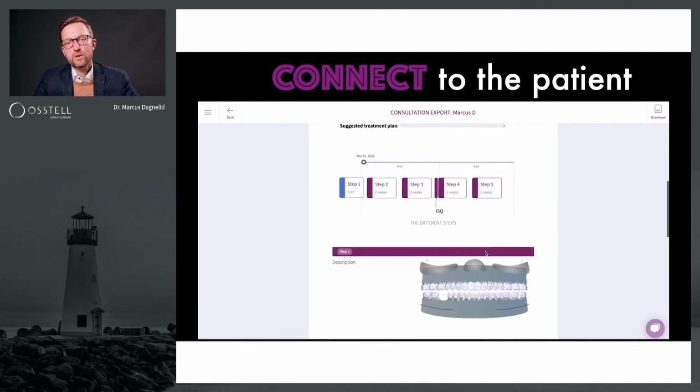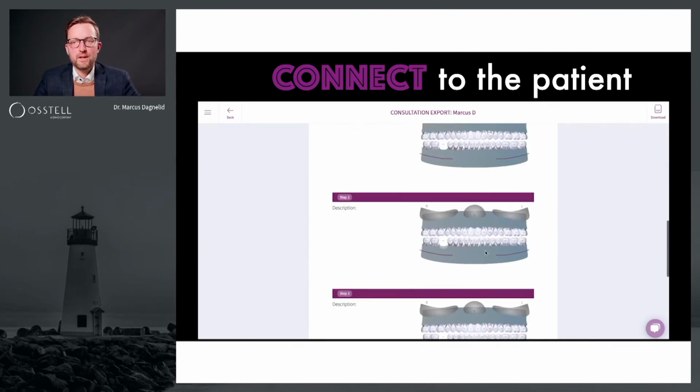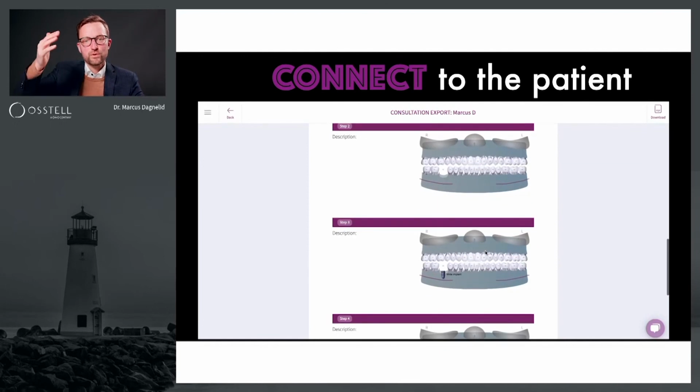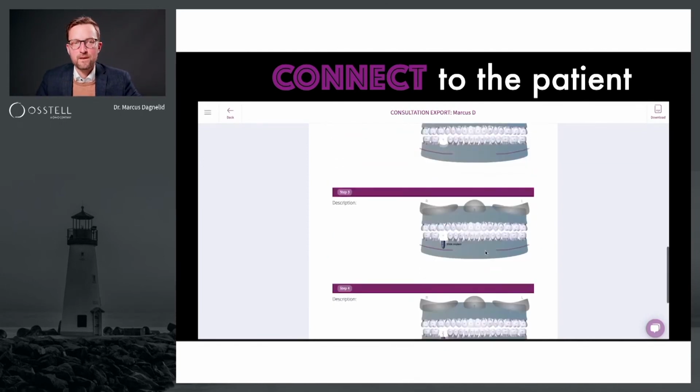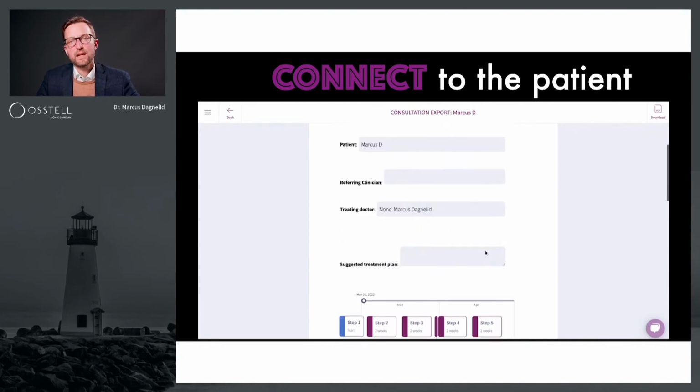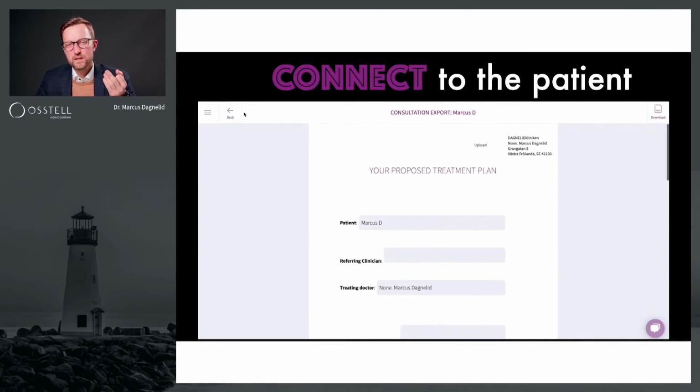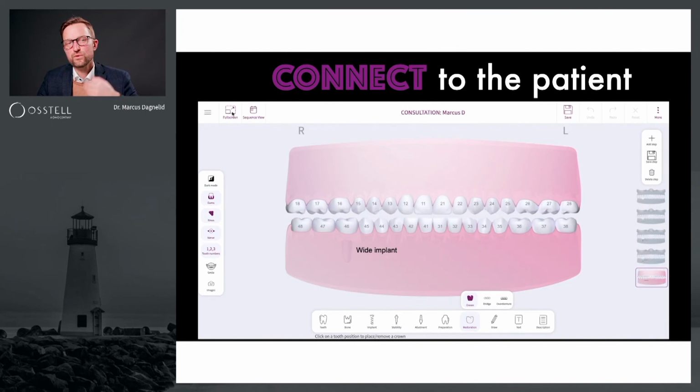So similar to when we create an export of ISQ data, we can create an export here, for example, of different steps of a treatment. So very, very neat way of, again, connecting to the patient. So the patient really understands what they're investing in before they actually start the implant treatment.